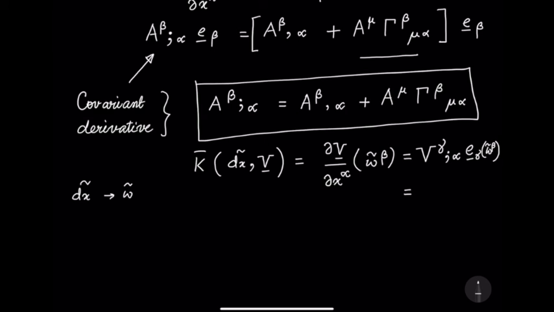So that is essentially v beta semicolon alpha. You see, e gamma eating up w beta is delta beta gamma. So that makes this gamma to beta. So this is a tensor of type 1, 1.